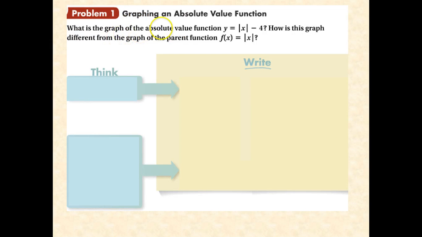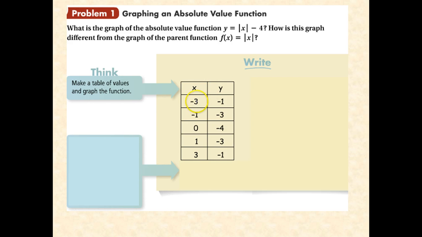So, what is the graph of the absolute value function y equals the absolute value of x minus 4? And how is this graph different from, or how is it related to, the graph of the parent function f of x equals the absolute value of x? Alright, let's think. We should probably make a table of values and graph the function.